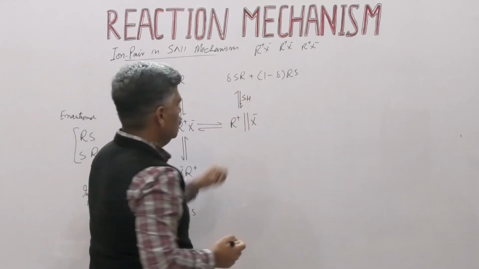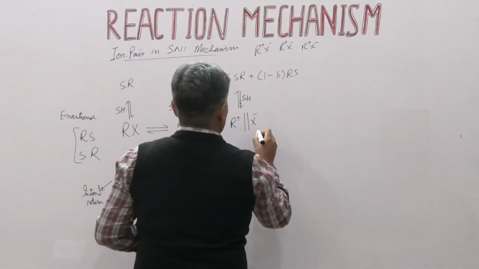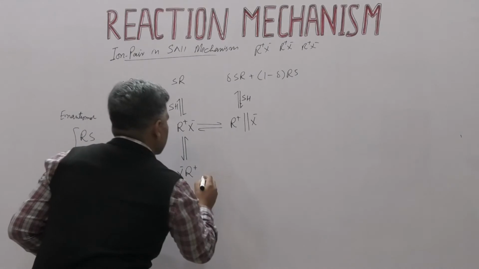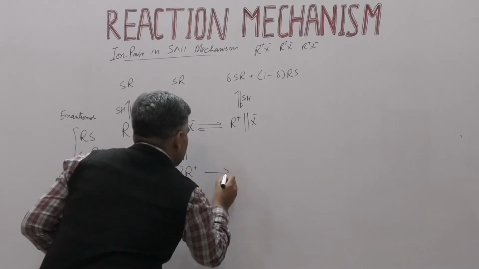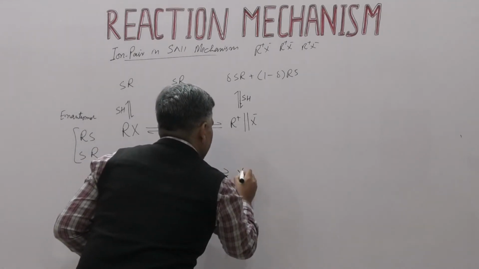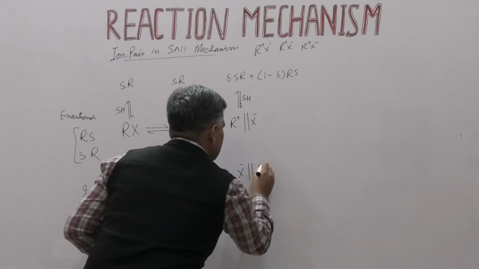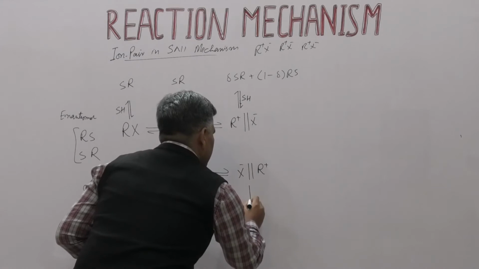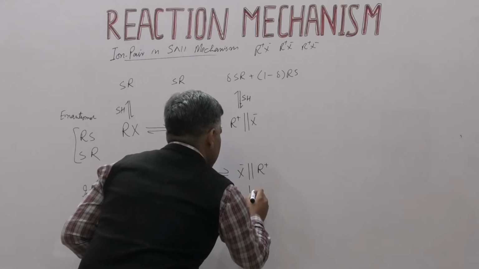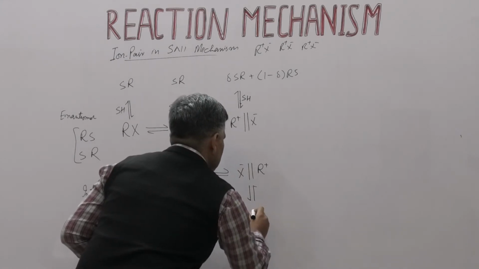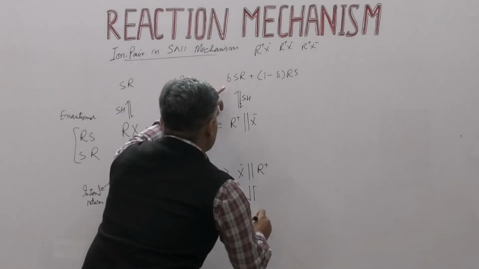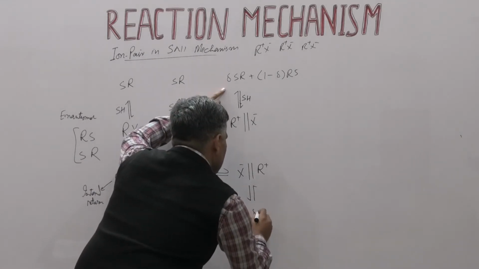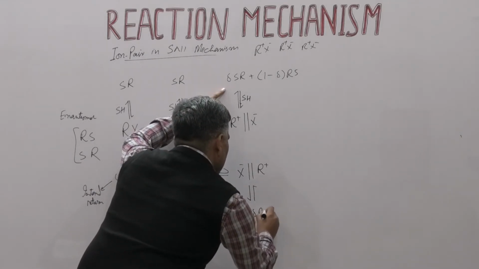retention of configuration. And then suppose this is converted into X negative and R positive. Then when it reacts, it will give us some concentration delta of RS.